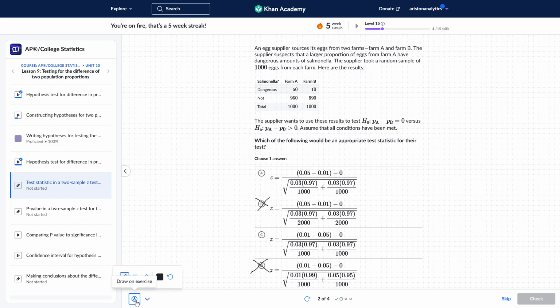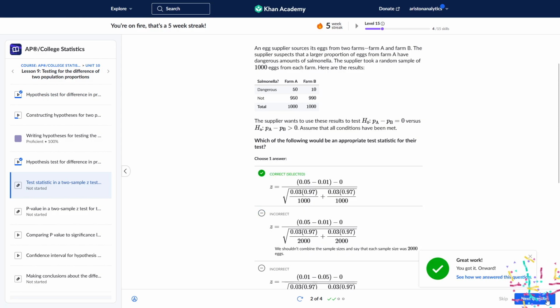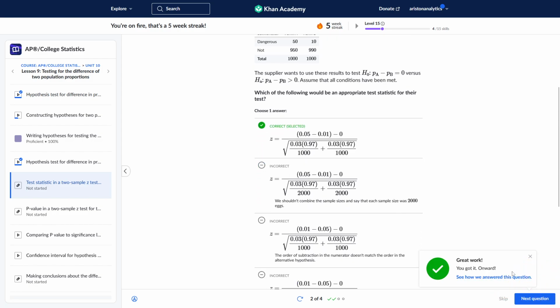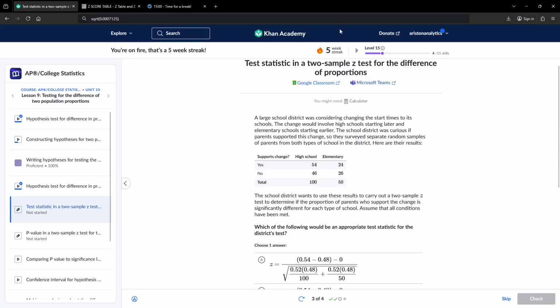I think it should be form A first. Yep, that's what I was thinking.